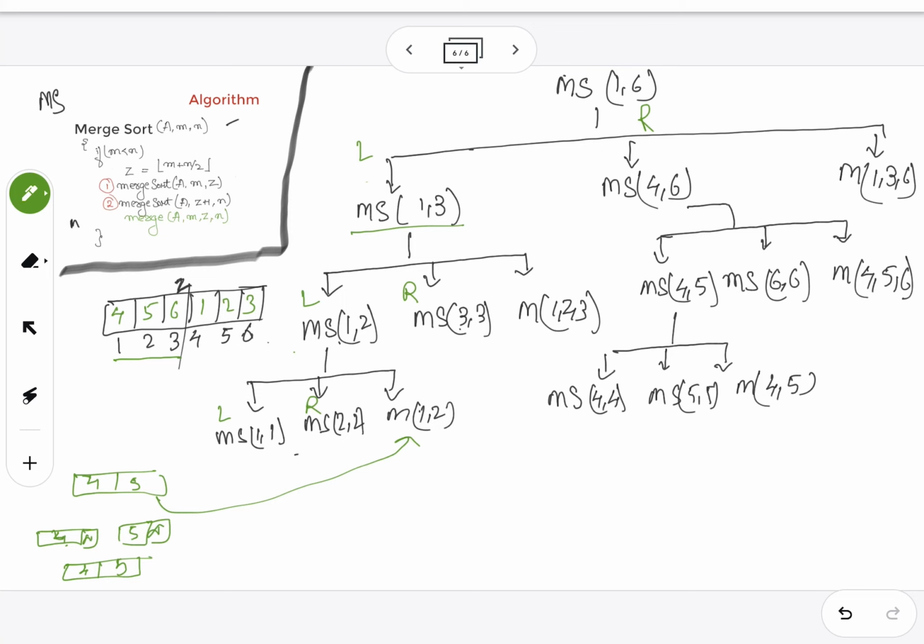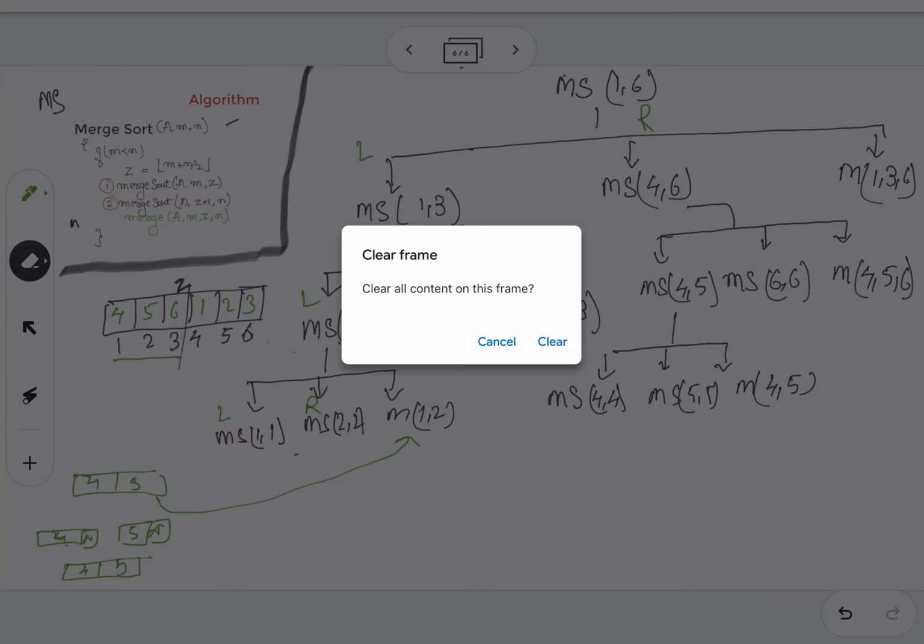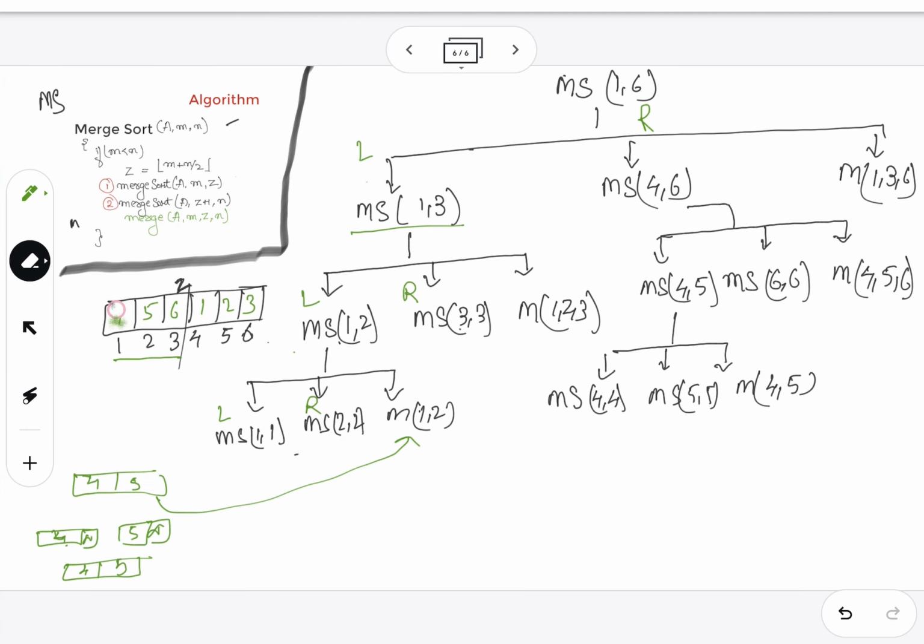here we can take an example. Previously we took the assumption that these are sorted. Now we took an example 4, 5, 6, but we are not making that assumption now. This can be in any order, let's say 6, 5, 4, 2, 1, 3. This is not sorted.